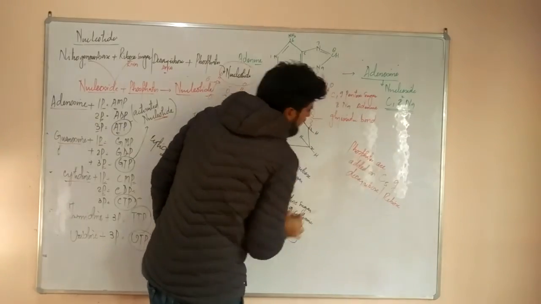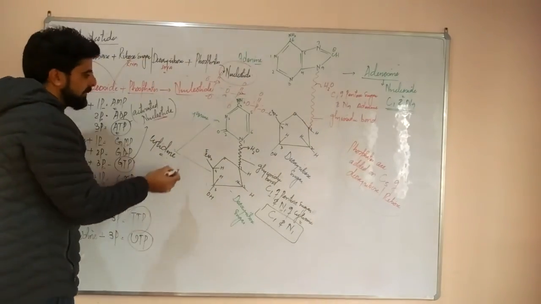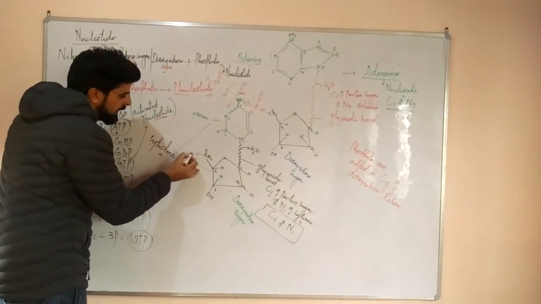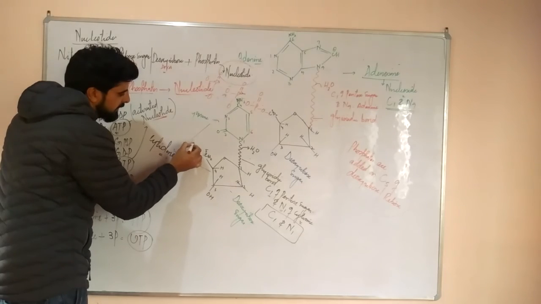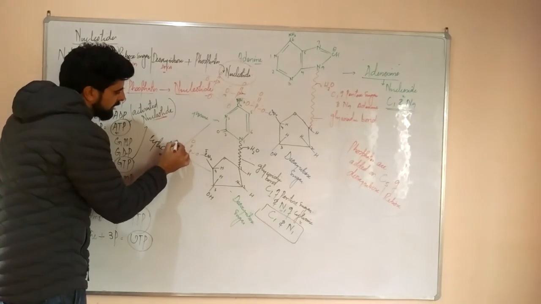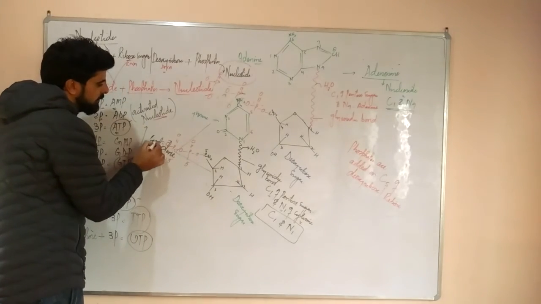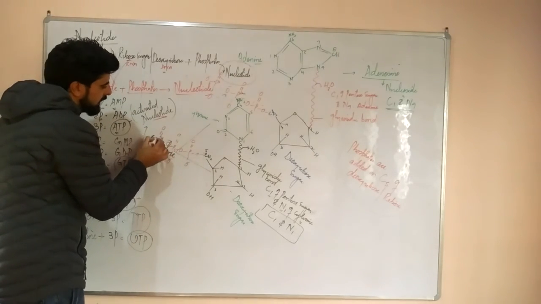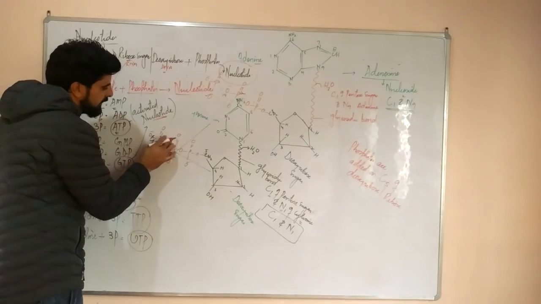This you have to keep in mind. So here if I am adding phosphate 1, then it becomes adenosine monophosphate. If I add 1 more phosphate, then it becomes adenosine diphosphate. If I add 1 more phosphate, it becomes adenosine triphosphate. This you have to keep in mind.